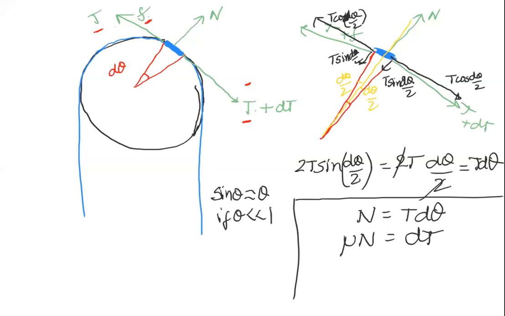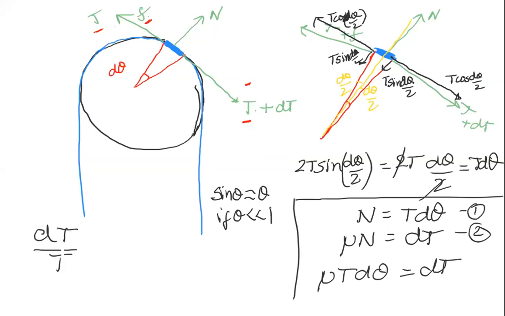So now what I can do is I can substitute equations 1 and 2 and I can get μT dθ is equal to dT. And I can rewrite this as dT by T is equal to μ dθ.